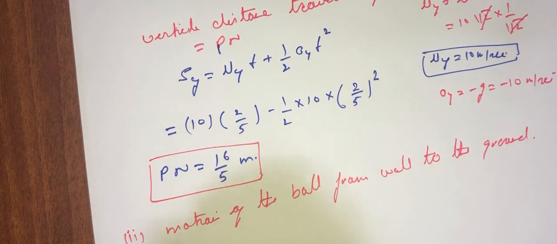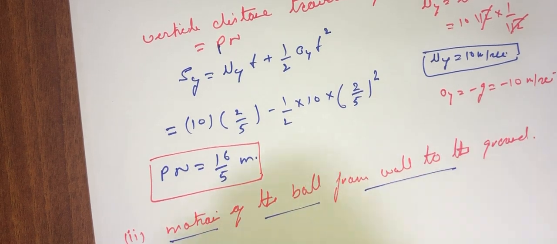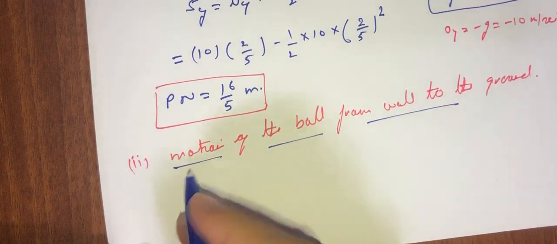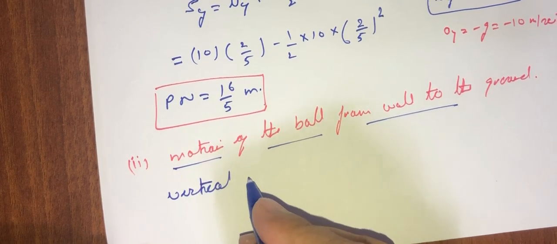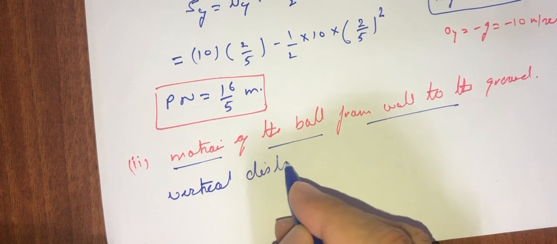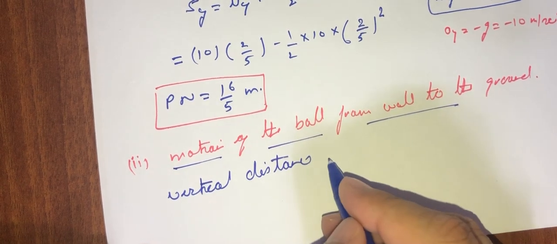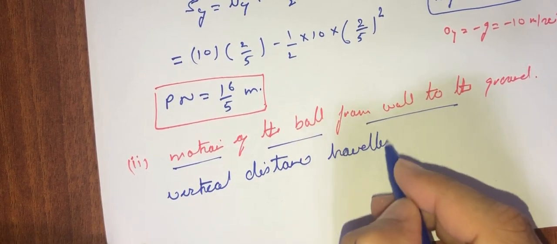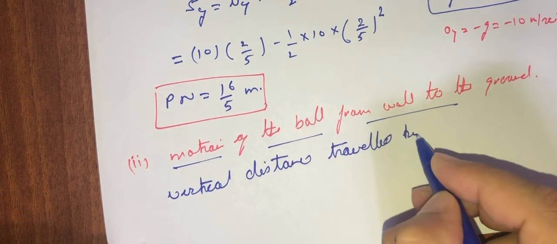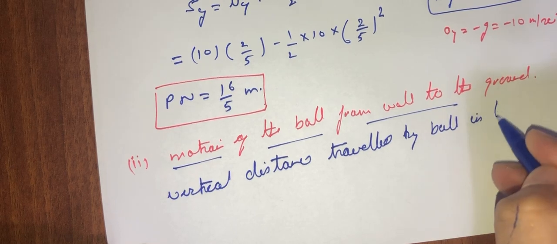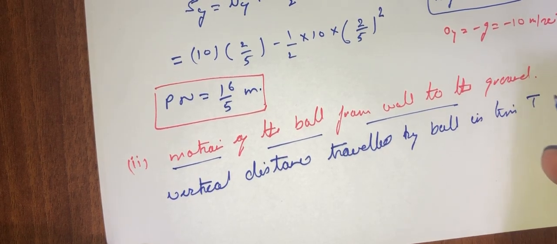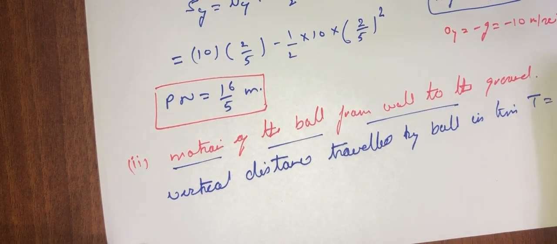The vertical distance under this condition, traveled by the ball in time capital T, let's consider it, will be equal to PM.